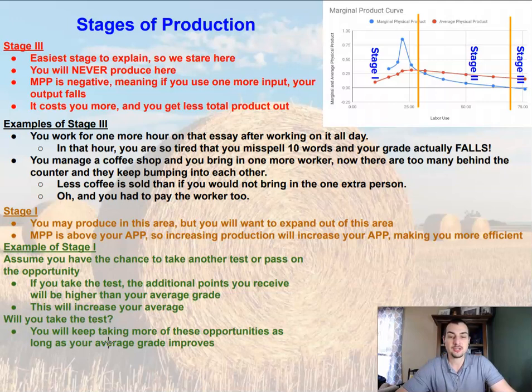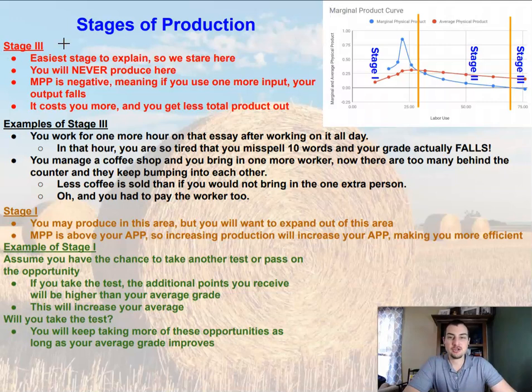You'll keep taking more of these opportunities as long as your average grade improves, because overall it's going to make you more efficient per test in terms of averaging those out.